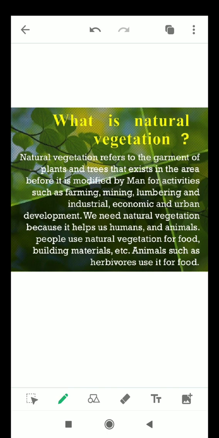So natural vegetation refers to all kinds and species of plant life that grow on their own without the intervention of humans. This is not to be mistaken with cultivated crops, fruits, or trees which are grown and looked after by humans. Plant species that are native to a region are known as endemic or indigenous species.